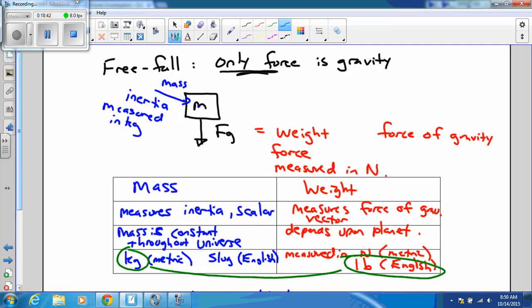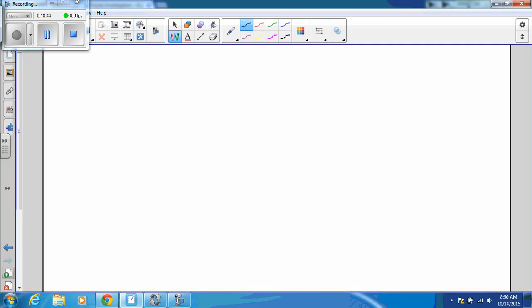We've drawn our free body diagram. Let me replicate that on the next page. And what we'd like to do is to explore that weight just a little bit more. Here's what I'd like for you to do. First question. What is the acceleration of my object in free fall? 10 meters per second squared. What symbol do we have for the acceleration due to gravity?